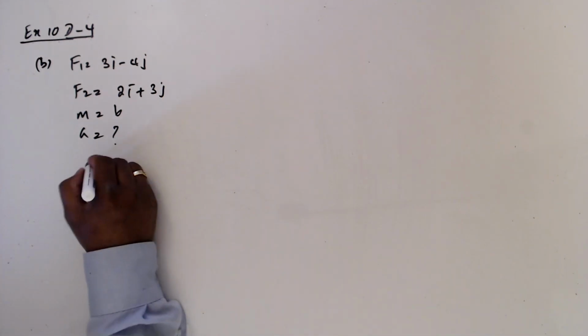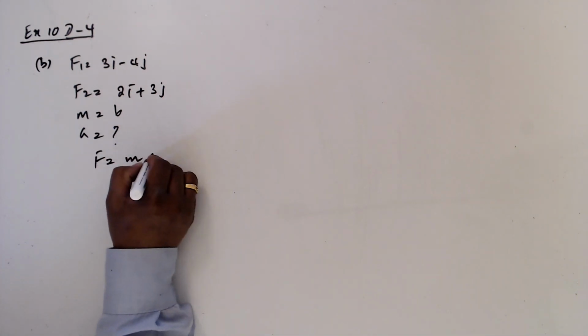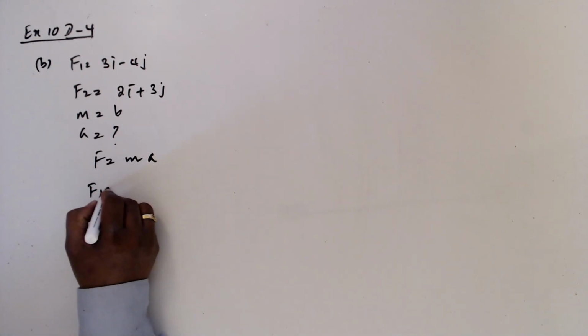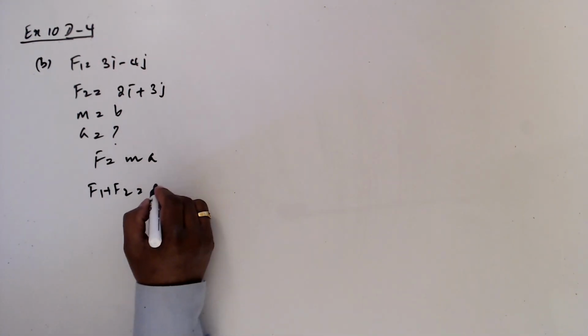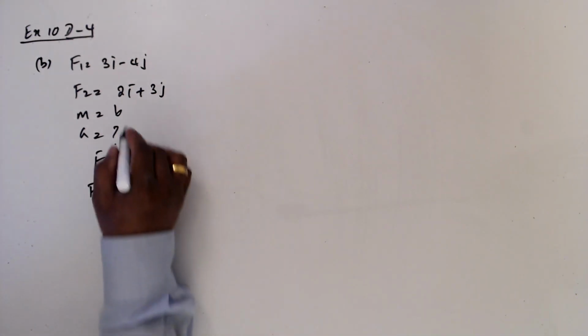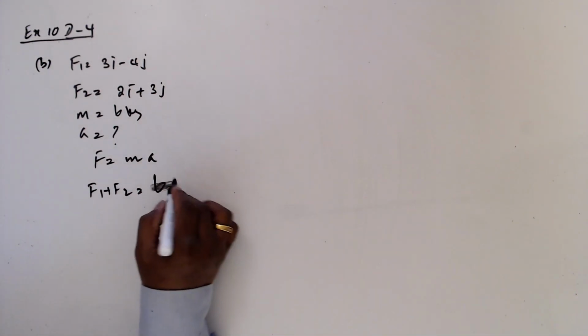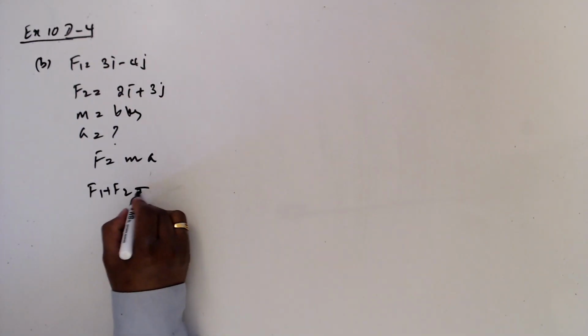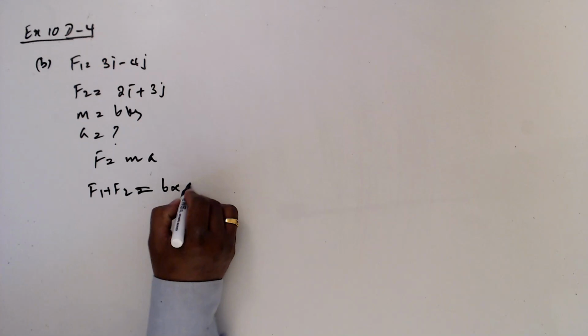Part B, F equals ma. F1 plus F2 equals m times a. M is given as 6 kg, so 6 times a.